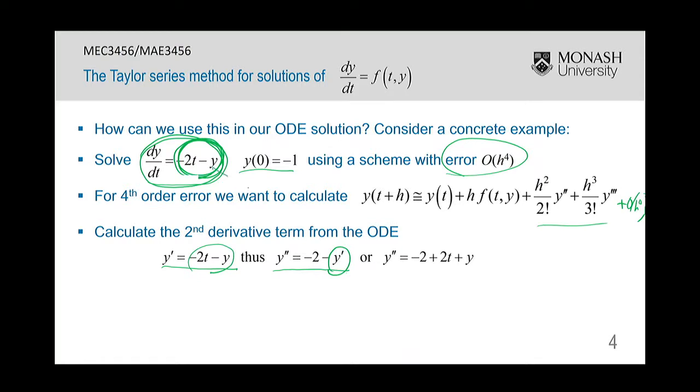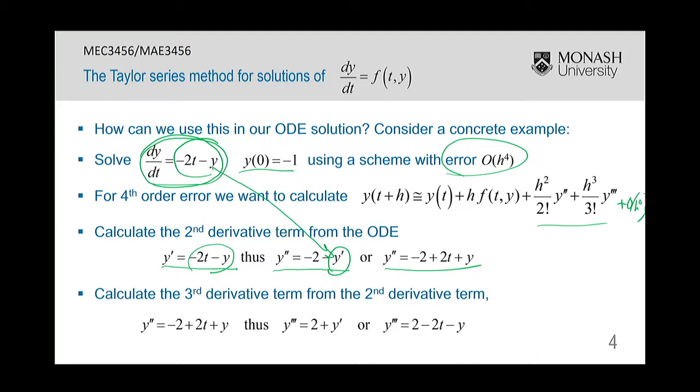So we substitute that in for y dashed, and we end up with y double dashed is equal to minus 2 plus twice t plus y. So we've used our original equation again. We can also calculate the third derivative from the second derivative, and we do pretty much the same thing. It's easy to show that y triple dashed is equal to 2 minus twice t minus y.